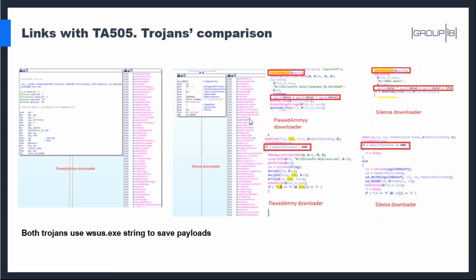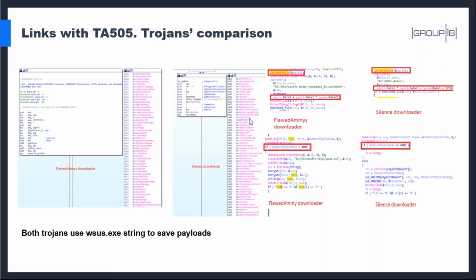So firstly, we decided that these attacks are connected, but then we compared the infrastructure used to control Float EMI samples and servers used by the Silence hacking group. Silence loves to use hosting in Hostkey, DeltaHost, and DataClub SA.